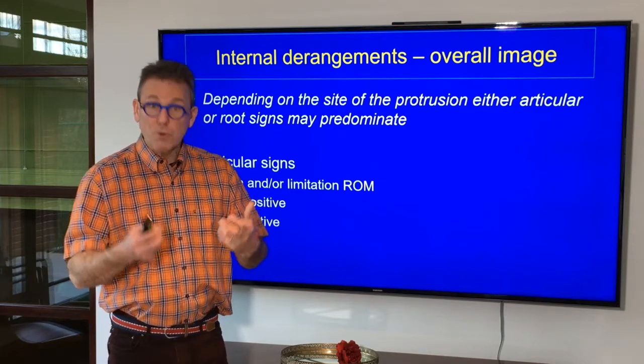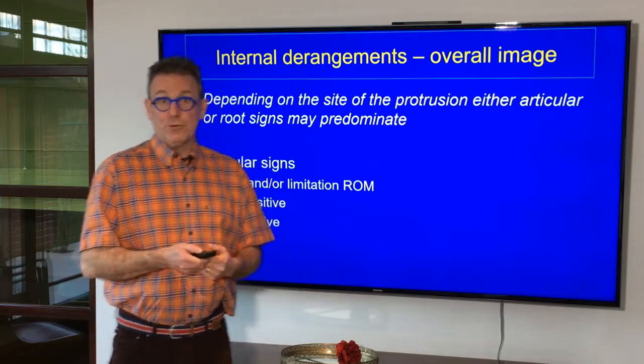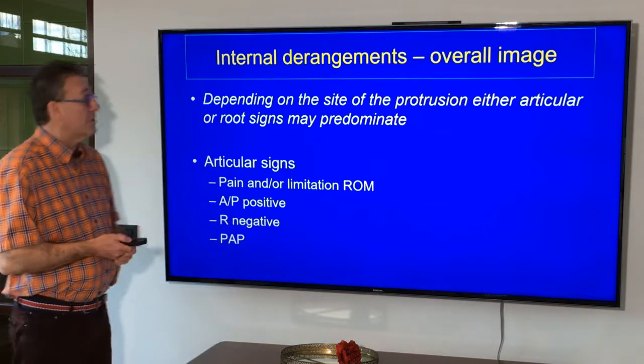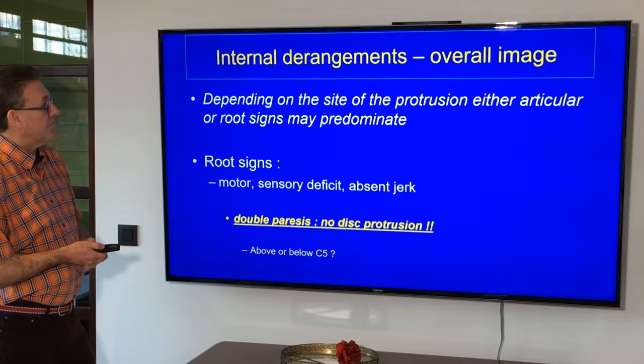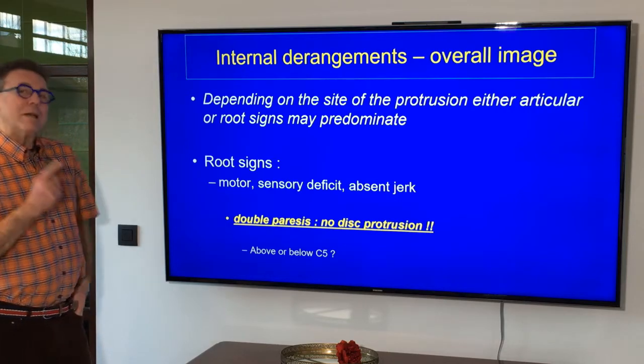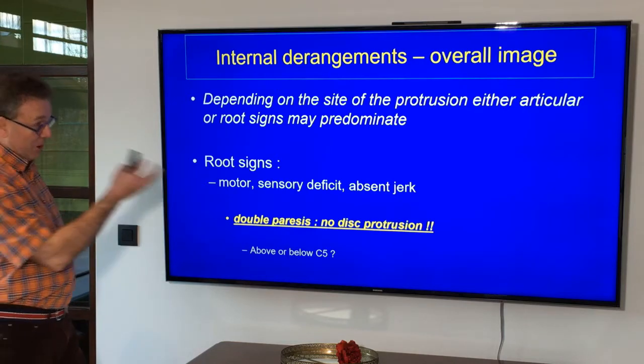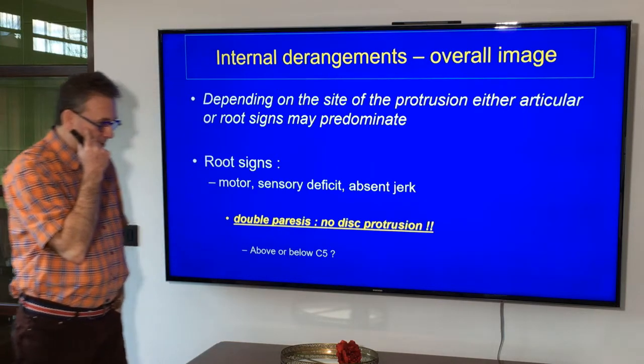You can have some motor deficit or sensory deficit, which you're going to discover also in your examination. Talking about motor deficit and sensory deficit, and perhaps a jerk which disappears.